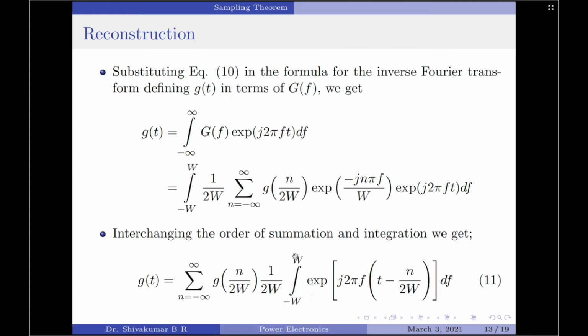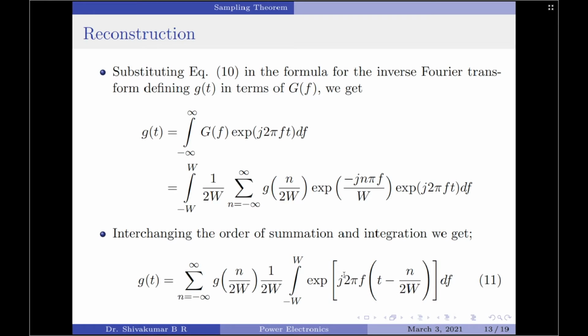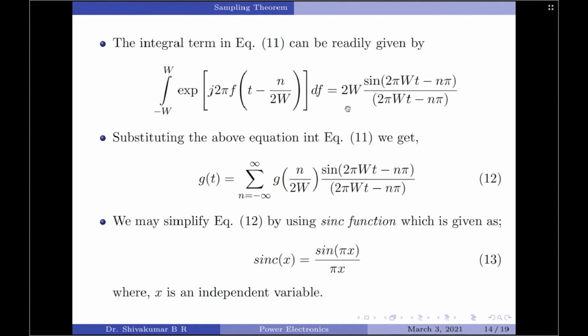The simplification of this equation is quite complex unless you know the integral term in equation 11. However, we have a ready equation that defines the integral term, which is equal to 2w into sine of 2 pi Wt minus n pi, whole divided by 2 pi Wt minus n pi.